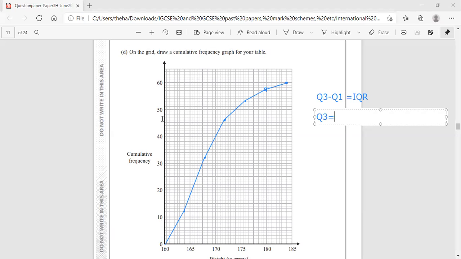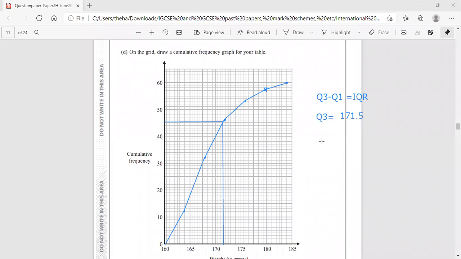So we go from 45 to find Q3. We go across here, and then we go down, which gives us 171.5. So Q3 is 171.5.